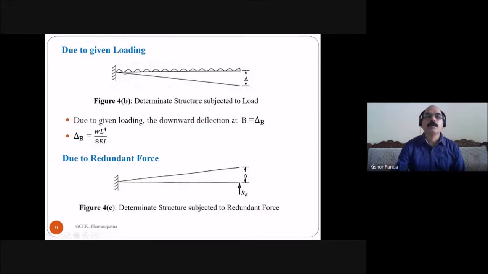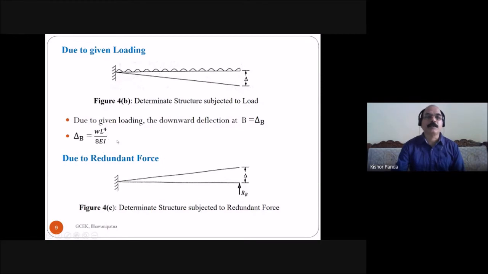You know, in a cantilever beam with UDL throughout the length, what is the deflection at the free end? Due to the given loading, the downward deflection at B, delta P, is equal to WL fourth by 8EI. I have already explained that.